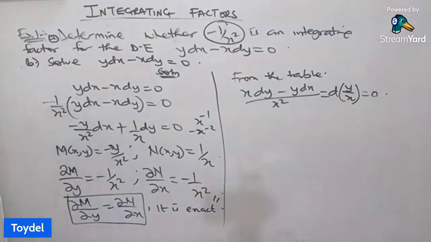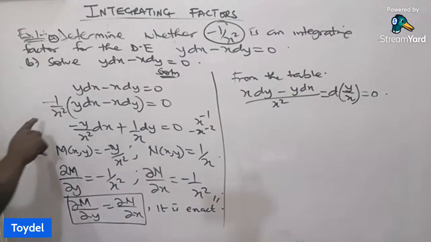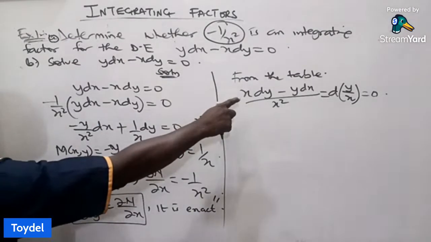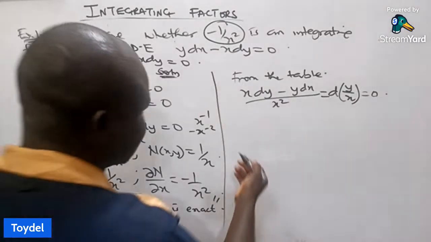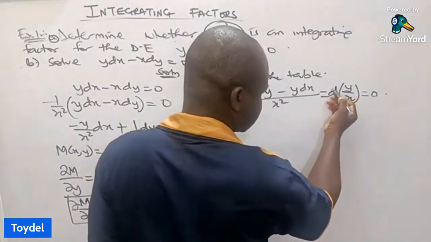That is what we have, because if you use this to multiply, this is what you are going to get here. This is the same thing as this. Then what do we do here? That is the transformation.